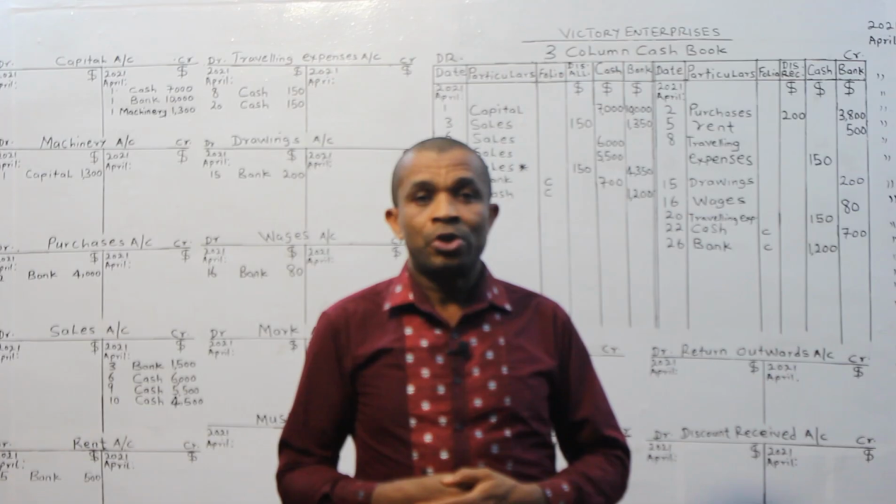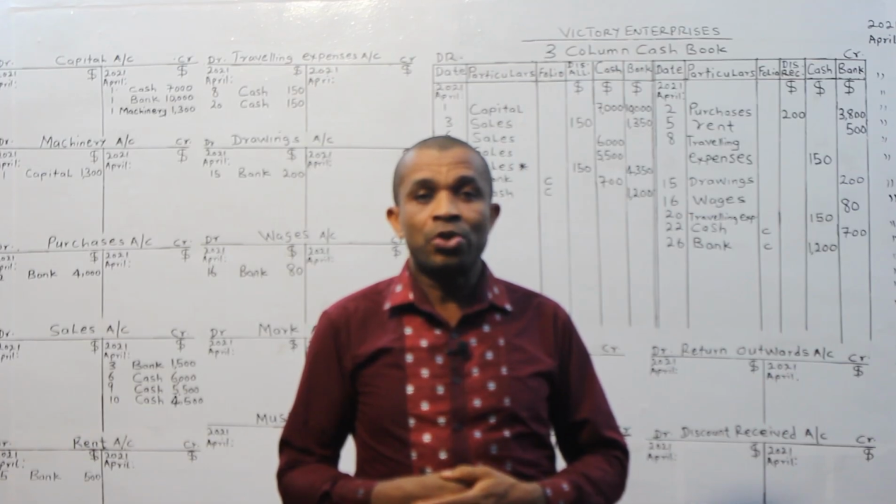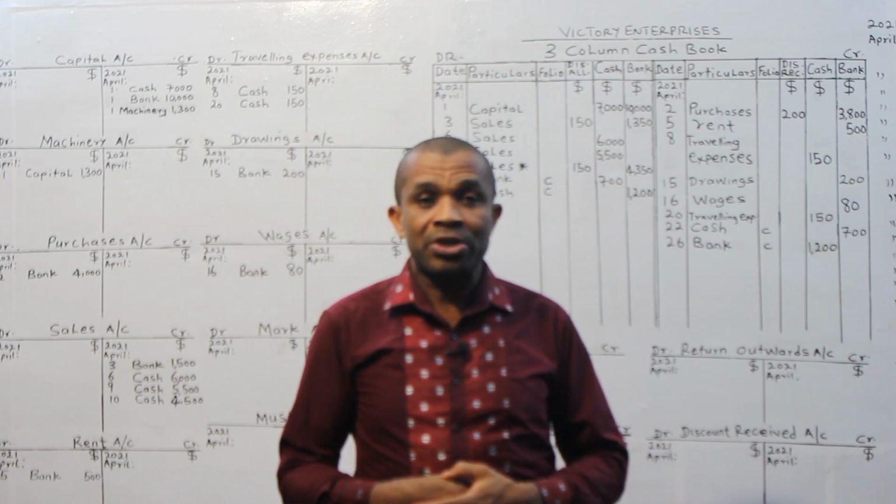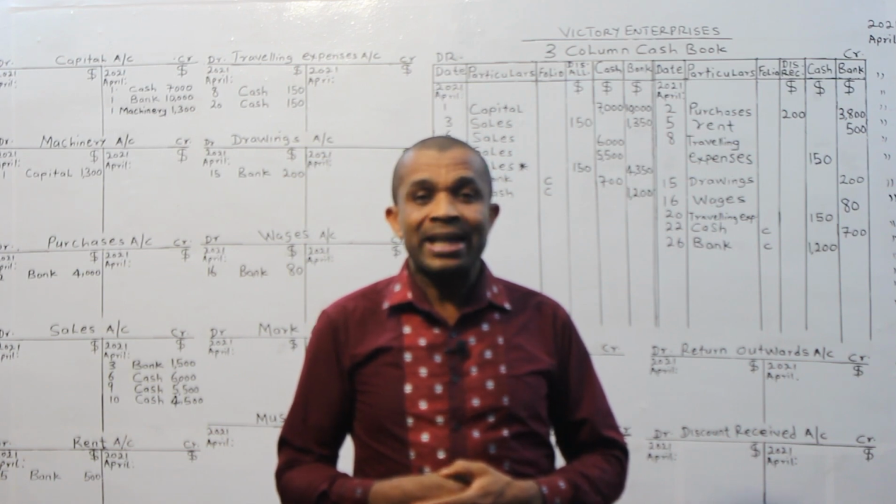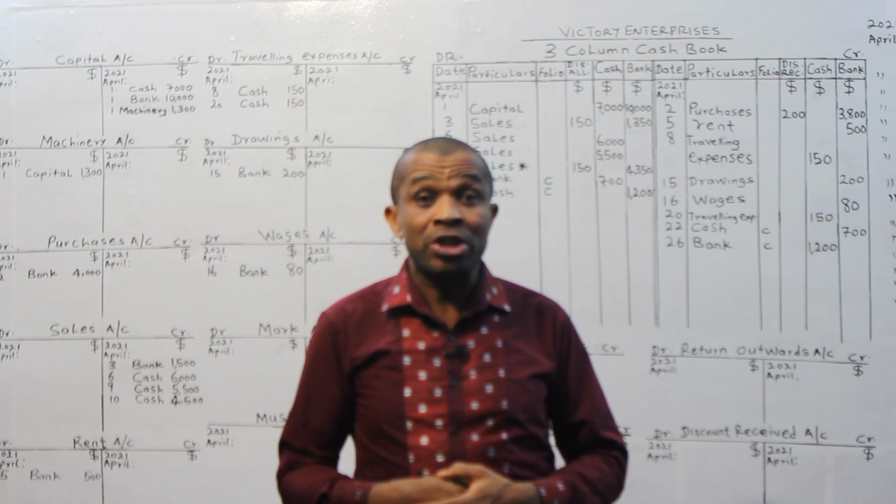On 27th April 2021, sold goods to Mark on credit $90. This transaction is a credit transaction. Mark did not pay, so the cashier receives nothing and is not involved at this point.